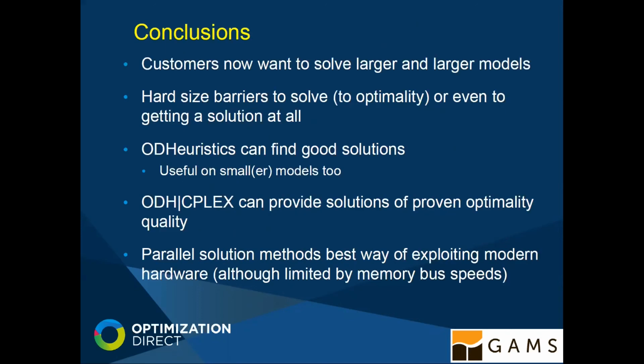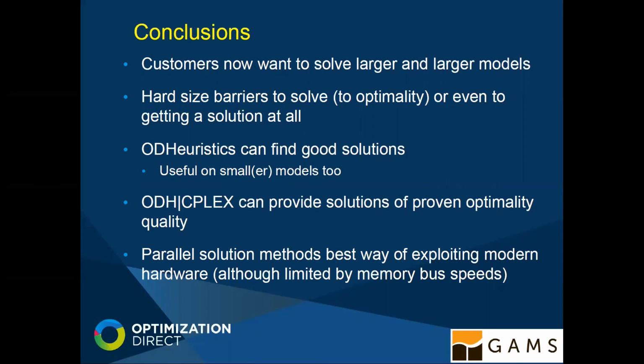So in conclusion, customers want to solve larger and larger models. There are unfortunately very hard barriers in terms of size to solving a model to optimality, or even getting a solution at all. The idea of ODH heuristics is to find those good solutions.